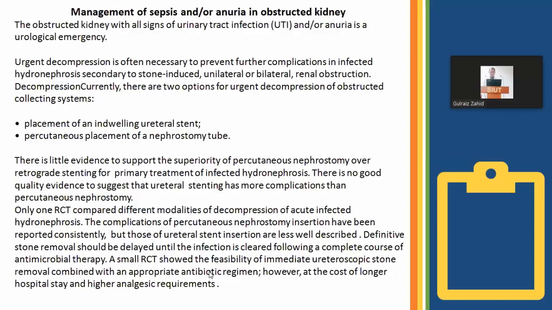The complications of percutaneous nephrostomy insertion have been reported consistently, but those of ureteral stent insertion are less well described. Definitive stone removal should be delayed until the infection is cleared following a complete course of antimicrobial therapy. A small RCT shows the feasibility of immediate ureteroscopic stone removal combined with an appropriate antibiotic regimen, however at the cost of longer hospital stay and higher analgesic requirements.